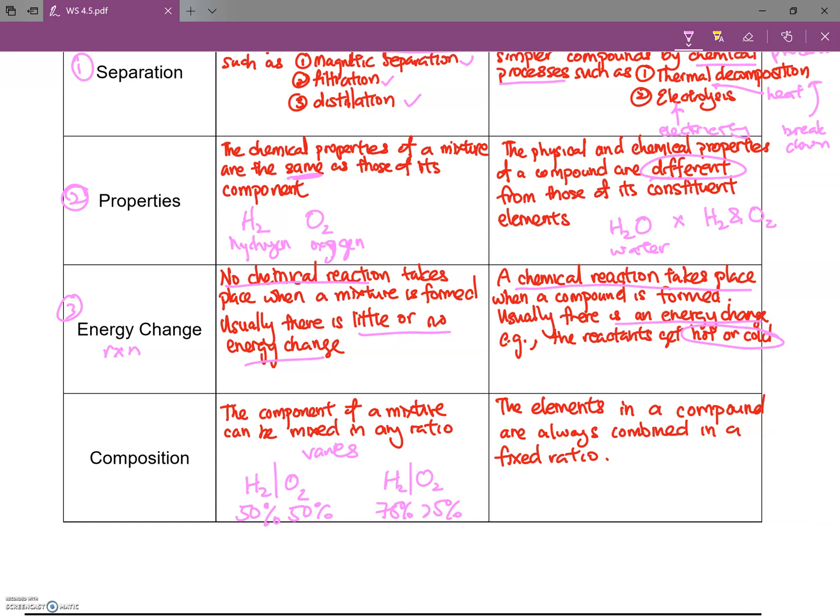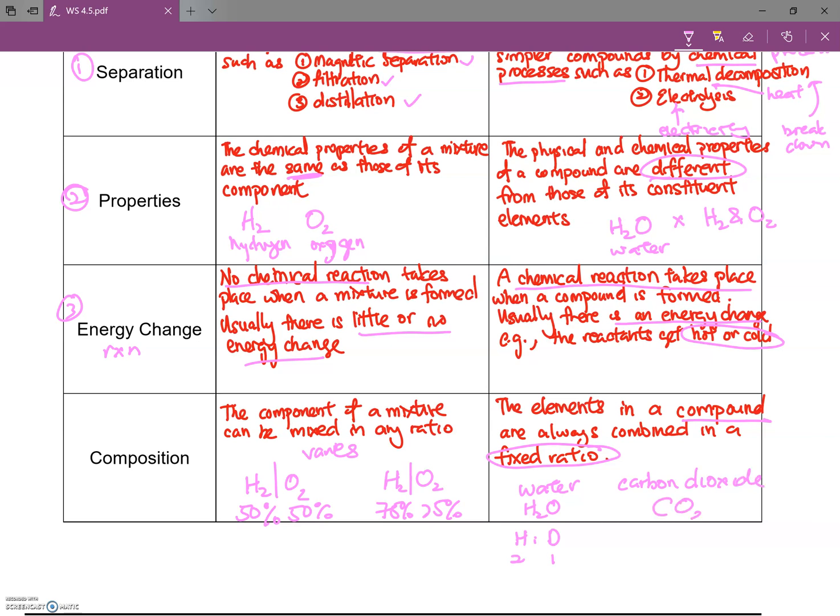However, when we look at the composition of a compound, do take note, it's always a fixed ratio. For example, if I want to form water, I definitely need 2 hydrogen with 1 oxygen. So it's a ratio of 2 H to 1 oxygen. Any other ratio doesn't work. Another example is carbon dioxide, which is also a compound.